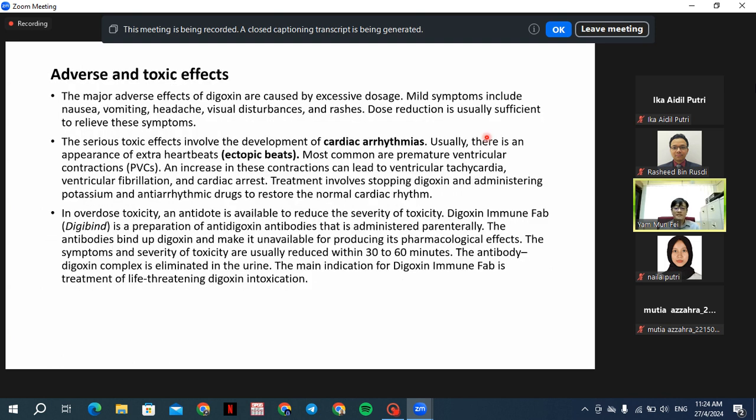So the adverse effects are cardiac arrhythmia and also ectopic beat. Cardiac arrhythmia, you know that when you have hyperactivation, your heart might undergo an arrhythmia condition, meaning that the rate of heartbeat is different.